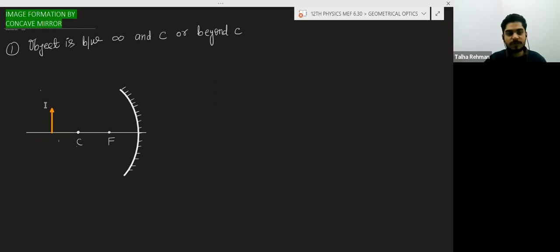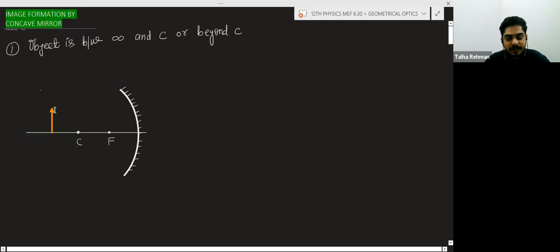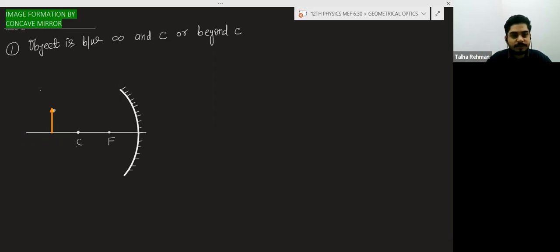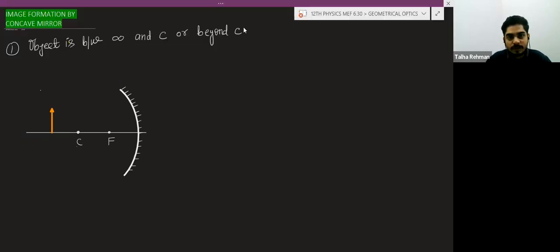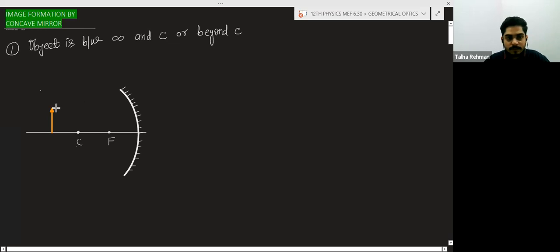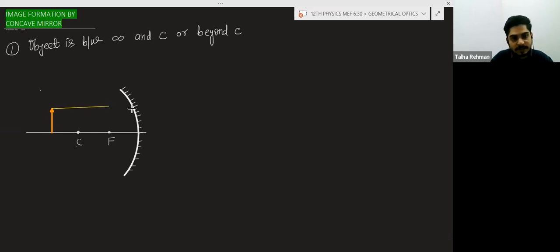Okay, now see, this is the object, and two rays will be required. From this object, the first ray I will draw parallel to the principal axis, like this. This first ray of light is parallel to the principal axis.